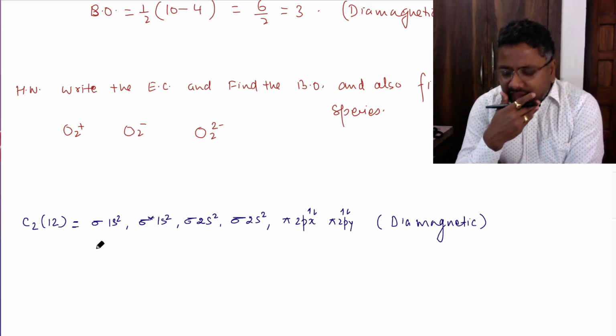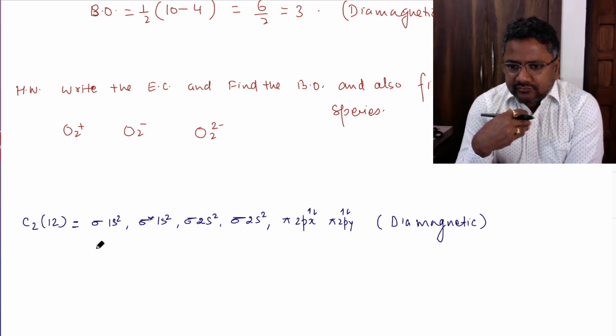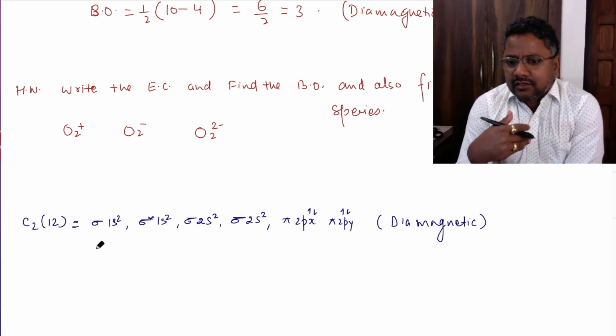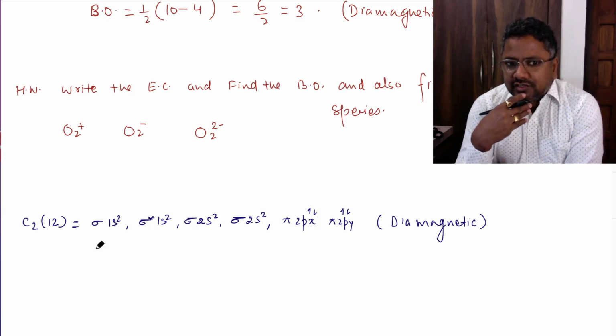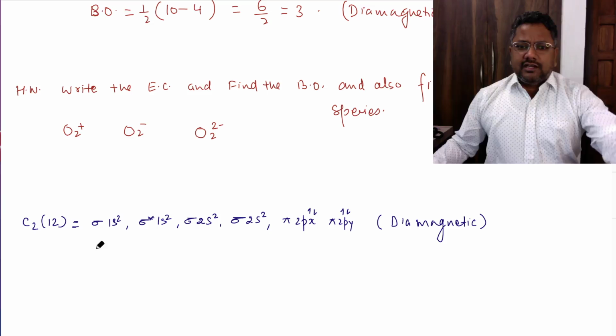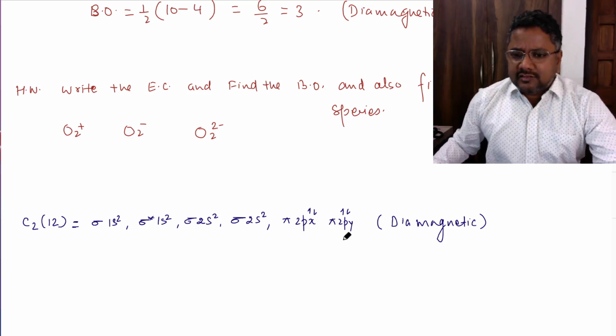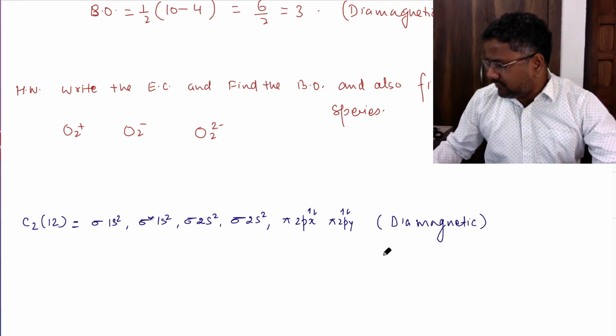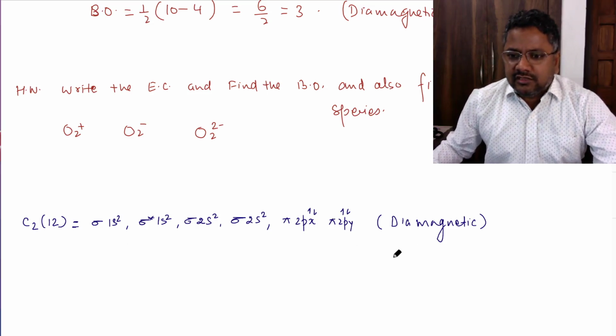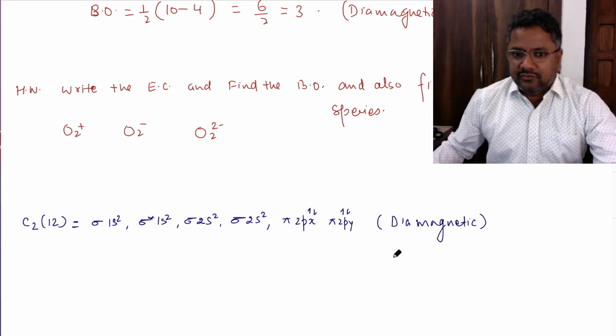Basically, molecular orbital theory is also theoretical. It is not necessary that every molecule fulfills all the features of this molecular orbital theory. As per molecular orbital theory this is possible, but in actual sense there is no known C2 molecule. Therefore, there is no point of worry for you, right?